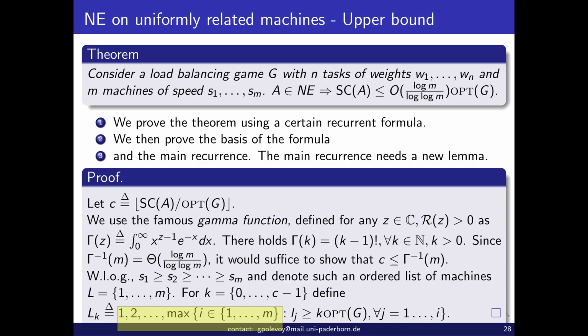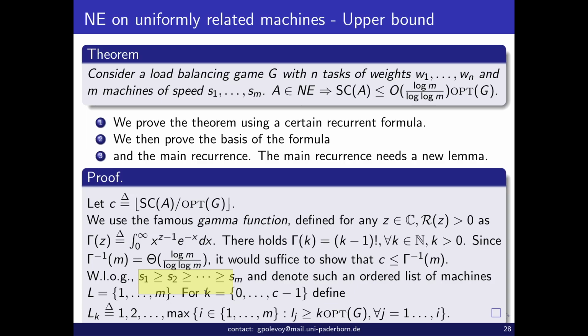Now let me just repeat. Let's assume that the list of the machines is ordered such that the speeds are non-increasing, and also define this ordered list of machines by L, and then let Lk be the largest possible prefix of machines such that all the machines in this prefix have load which is at least k times optimum. I remind you that the load of a machine, in the case of uniformly related machines, is the total weight of the tasks which go there under this assignment divided by the speed.